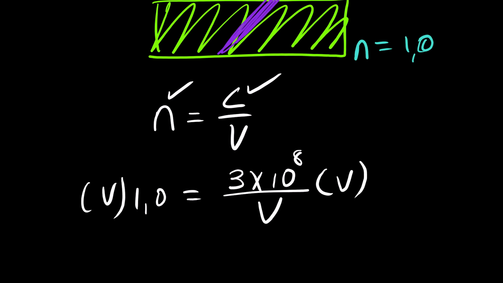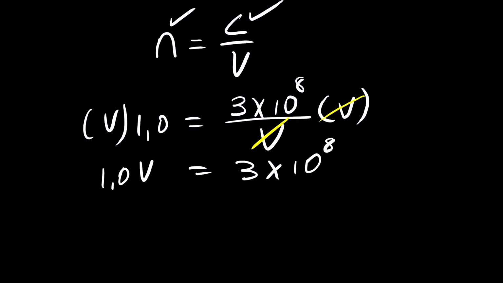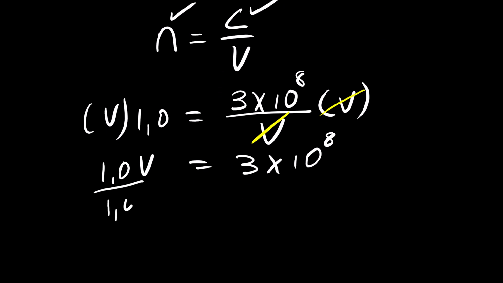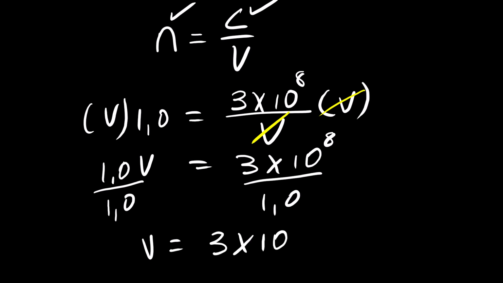Multiply both sides by v. This will result in 1, then let me change the color. Then we have 3 times 10 to the power 8 equals 1.0 v. Divide both sides. This is the final answer.